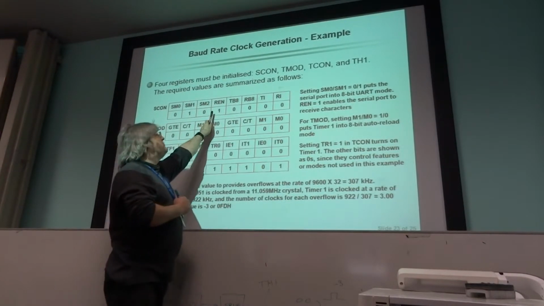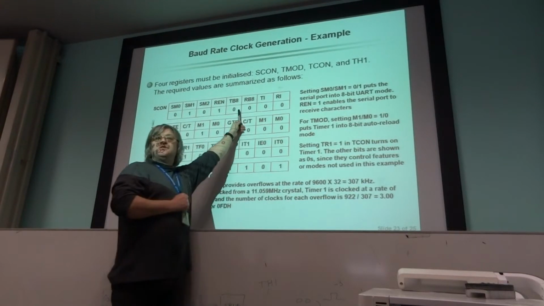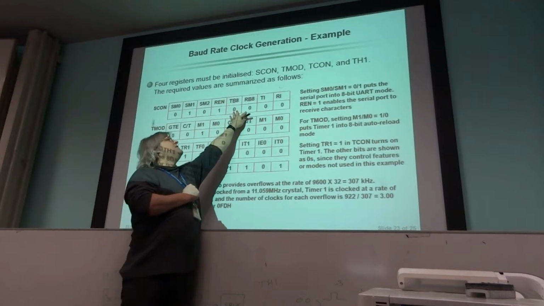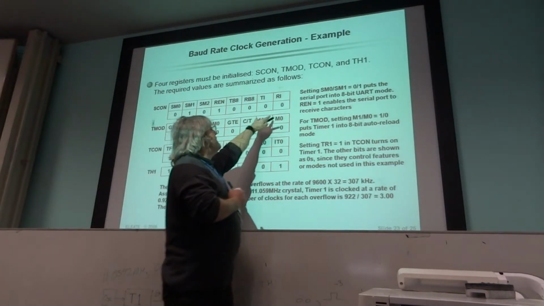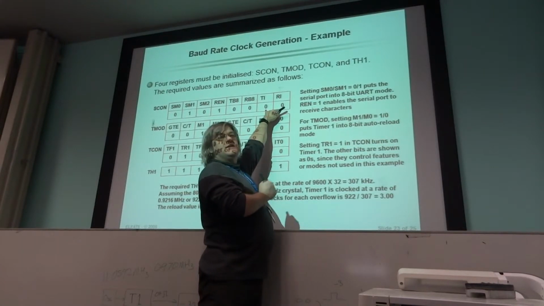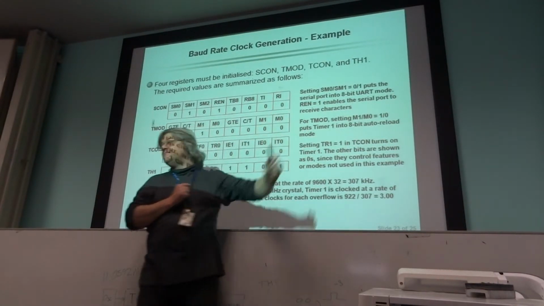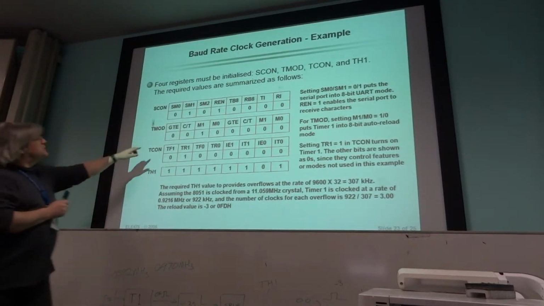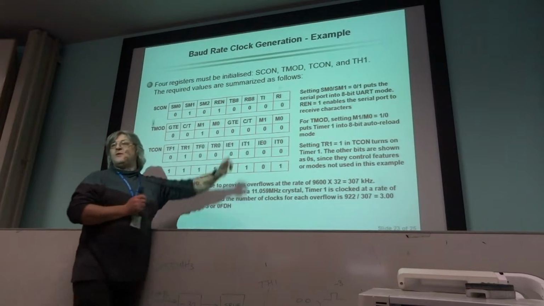So that's the receiver enable. These bits are left clear because we're going to be using 8 bits of information, not 9, so they won't matter. And then these are going to be set automatically when things happen. We don't have to configure those. So you would write to the SCON register this number, which would be 50 hexadecimal.